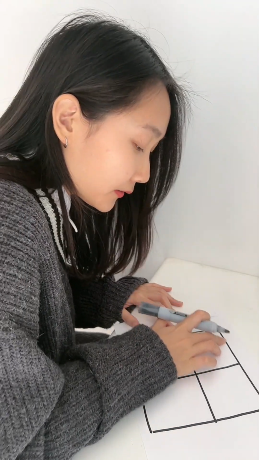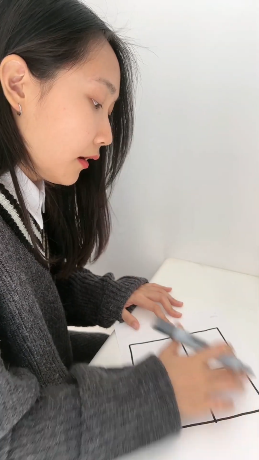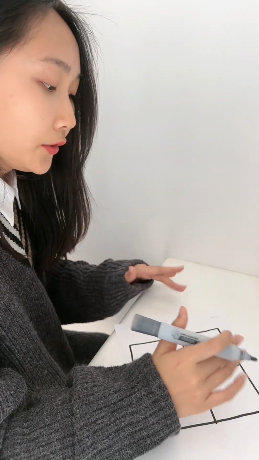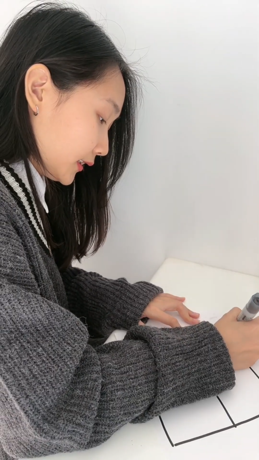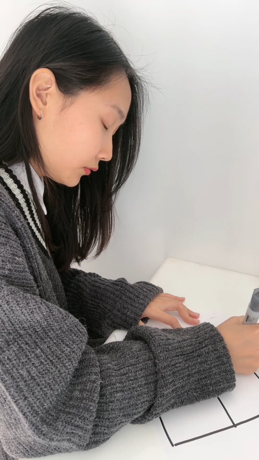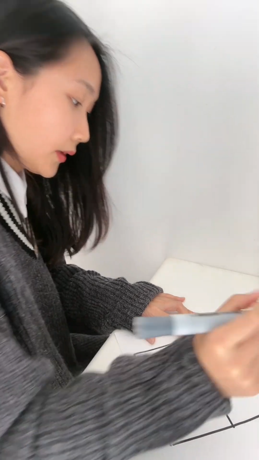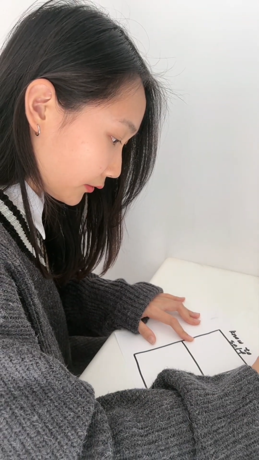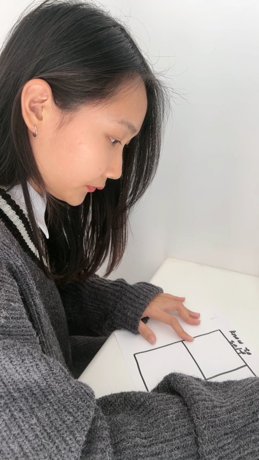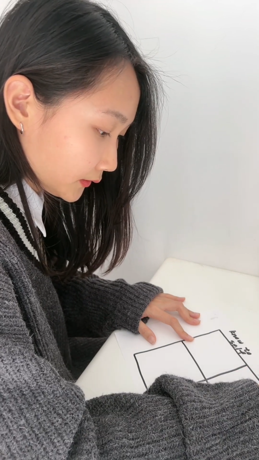What should be written on the horizontal line? The horizontal line is about yourself. So the first one is known to yourself, and obviously the other one is not known to yourself.